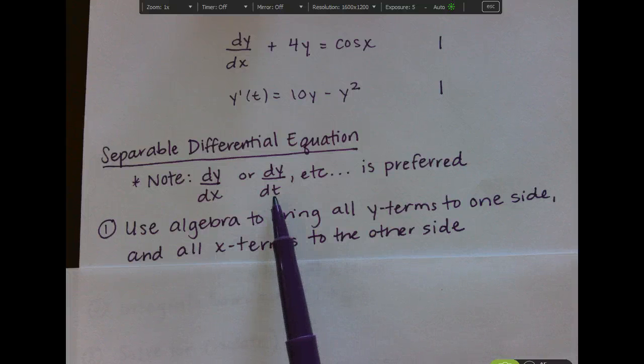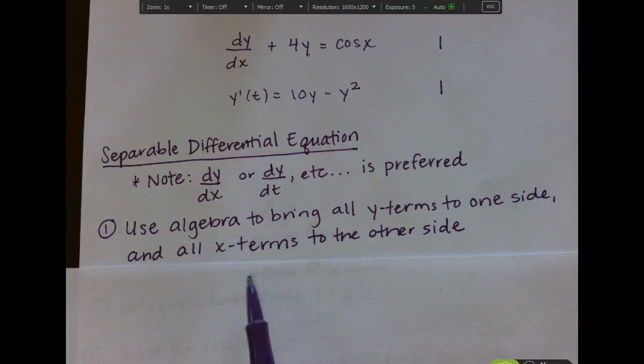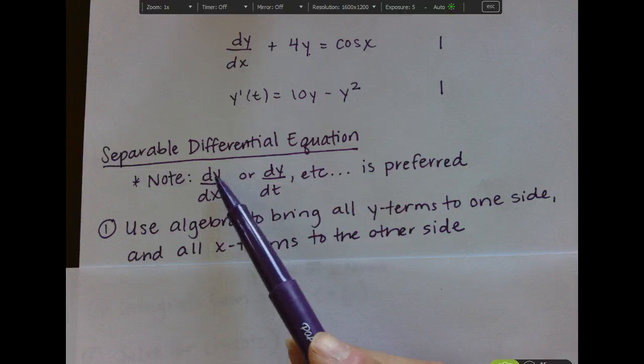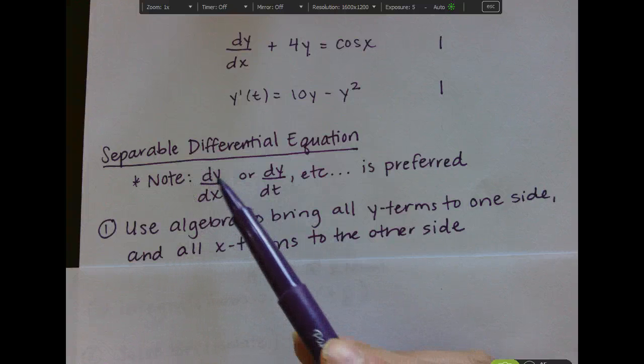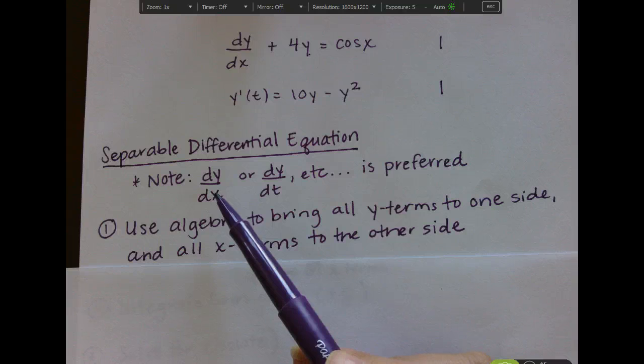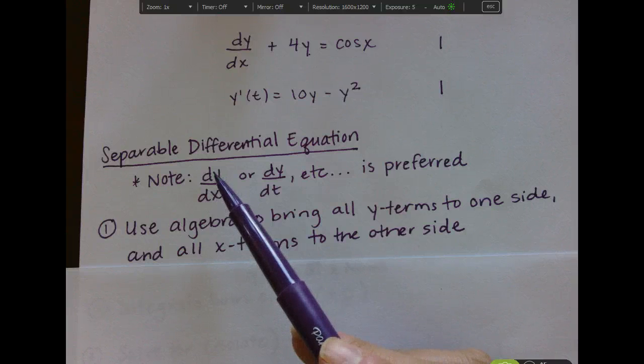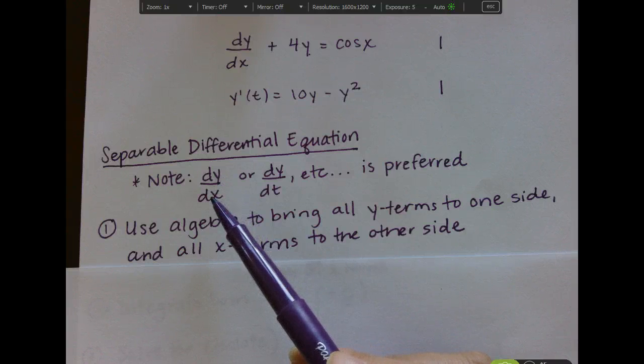We could be working in terms of t or any other letter variable. But the idea is all like lettered variables should be on one side and then the others should be on the other side. Now this includes your dy or dx. So that's why this notation is better, because what I'm going to want to do is separate these so that they're on opposite sides of the equation. The dy will go with the y's and the dx will go with the x's.